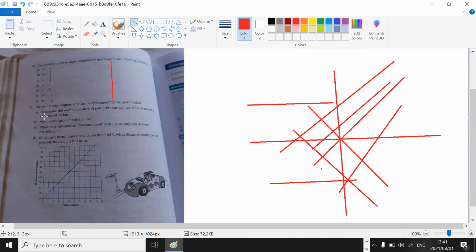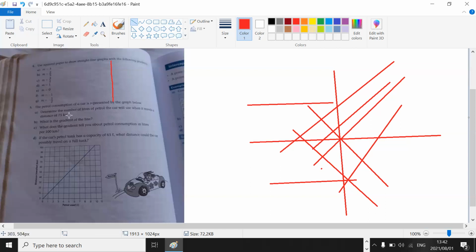So let's check the first question they require us to answer here. They say, determine the number of liters of petrol the car will use when it travels a distance of 75 kilometers. Yes, definitely. So we can check that by observation. We have to observe like what we did in the very first question we did today.